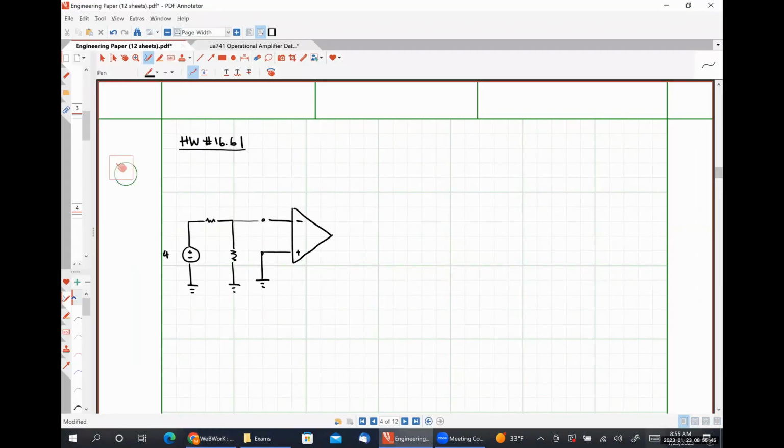Let's call this 4 volts, 8 kilo ohm, 2 kilo ohm, call this 12 kilo ohm.